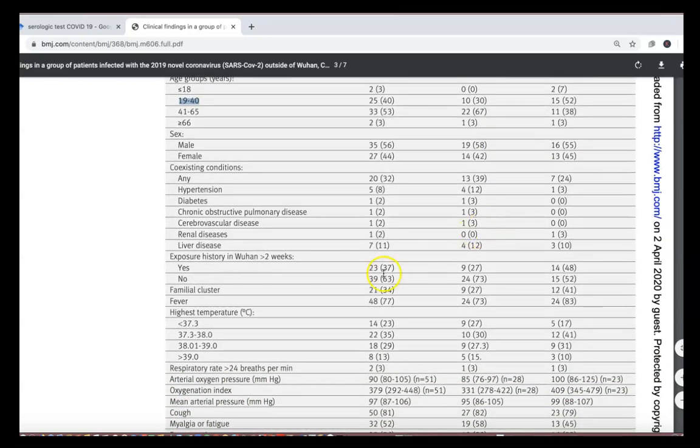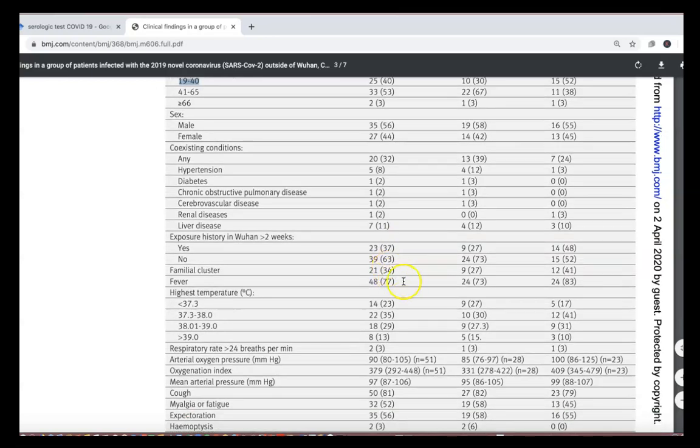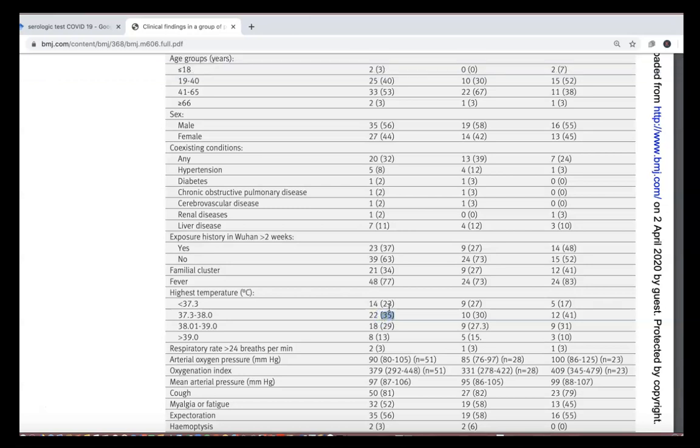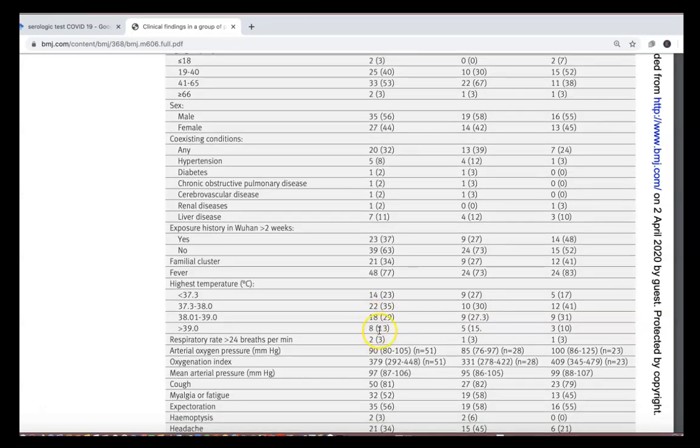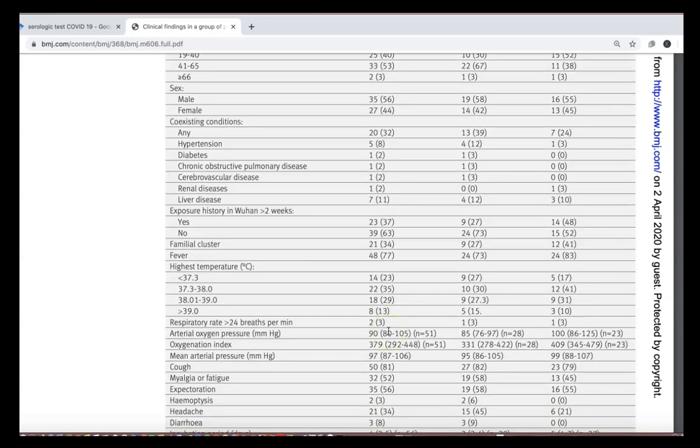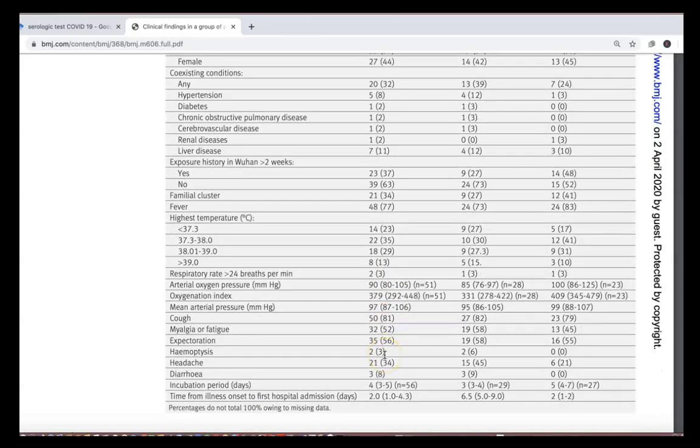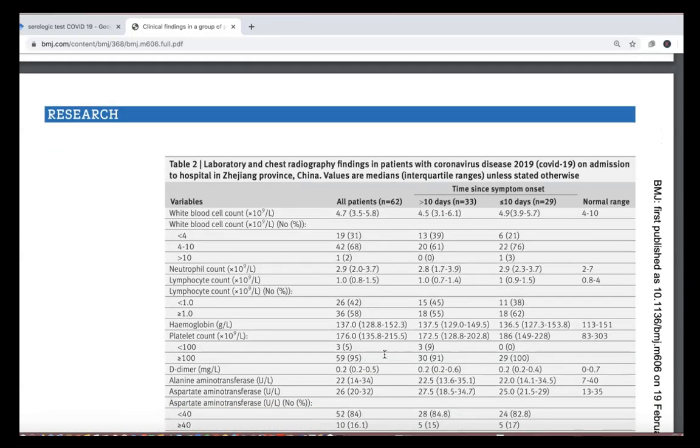All right, did they have a fever? You can see a lot of people, we think of 37 degrees Celsius, 37.3, as kind of normal. A lot of them did have an elevated temperature, some of them very high. Then we already covered those other symptoms. There's some other information provided.